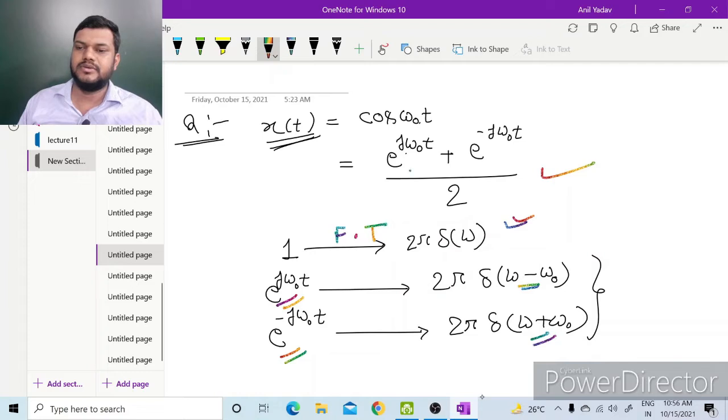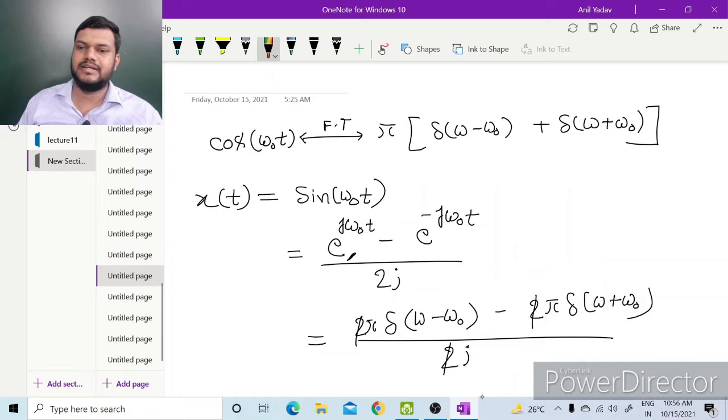So e to the power j omega naught t and e to the power minus j omega naught t will have Fourier transform in this form. Now putting these values, we can write that cos omega naught t has Fourier transform pi times delta(omega minus omega naught) plus delta(omega plus omega naught).